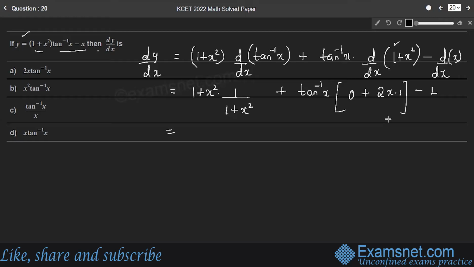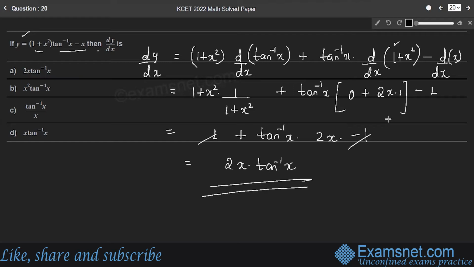Here 1 plus x square and 1 plus x square get cancelled. We have 1 plus tan inverse x into 2x minus 1. Plus 1 minus 1 gets cancelled. We have 2x into tan inverse x as the final answer. Therefore, dy by dx is option A, 2x into tan inverse x.